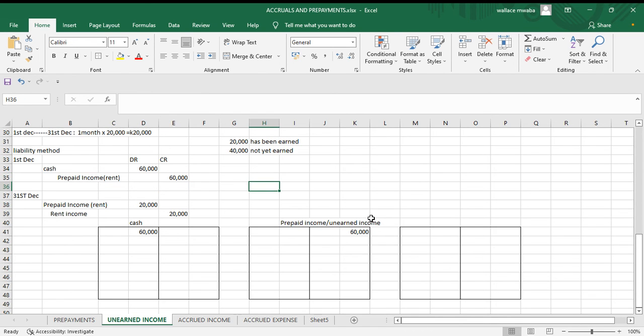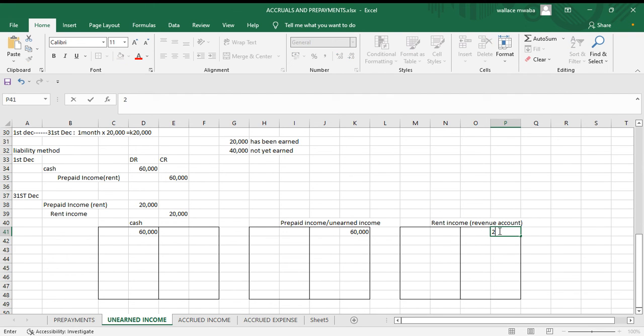Then at the year end, we have our rent income account. This rent income account is a revenue account, and so we're going to credit it 20,000.